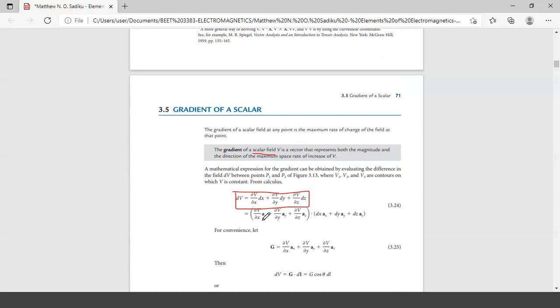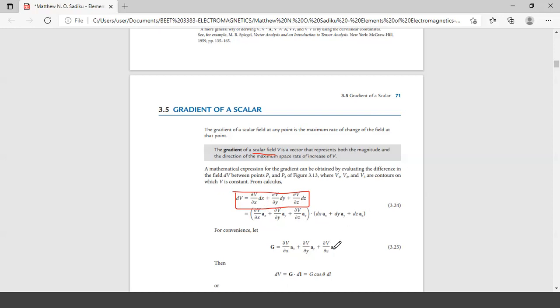So we can expand this. Del V over del x in the direction of x, del V over del y in the direction of y, del V over del z in the direction of z. With the dot product, the same direction equals 1. So del V over del x times dx, del V over del y times dy, del V over del z times dz.